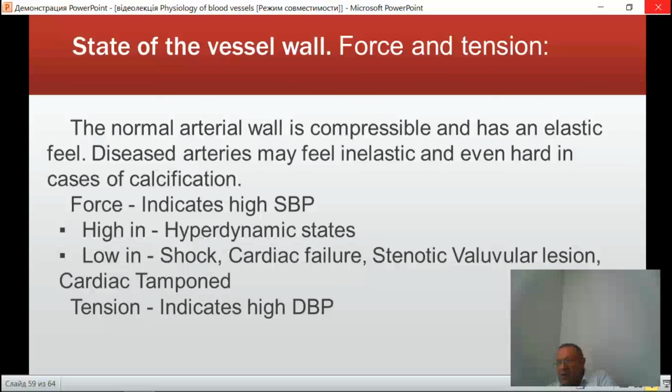Force indicates higher systolic blood pressure, high in hyperdynamic states, low during shock, cardiac failure, stenotic valvular lesion, and cardiac tamponade, and tension indicates higher diastolic blood pressure.